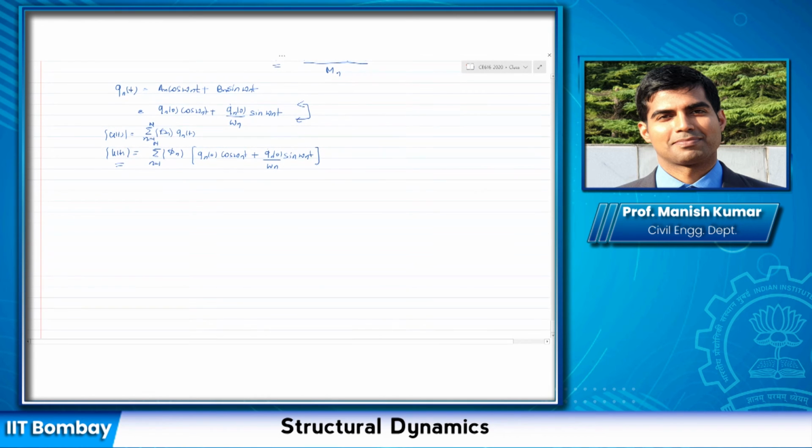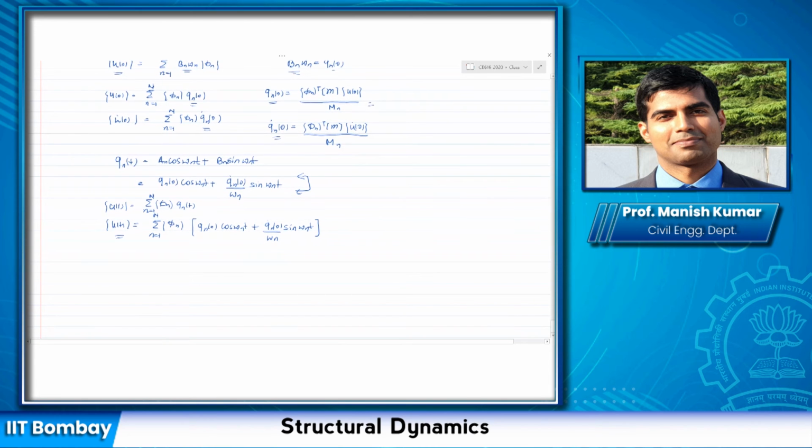So what we have learned here, what we have done to solve a multi-degree of freedom system: we have considered a multi-degree of freedom system to be represented by n single degree of freedom systems, which basically represents each mode shape with a frequency, and then we are combining these mode shapes to get the total response, and that combining factor we can determine from the expressions that we have derived here.